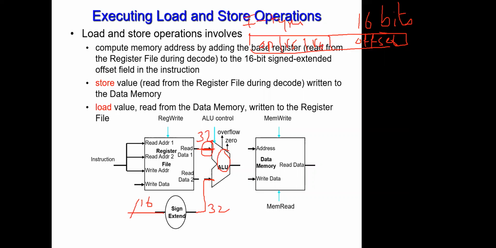So let's say, like load word, for instance, $s0, 8($s3). Basically, I would like to go to S3, correct? And then add 8. So I will go to a certain particular location, which is basically S3 plus 8.